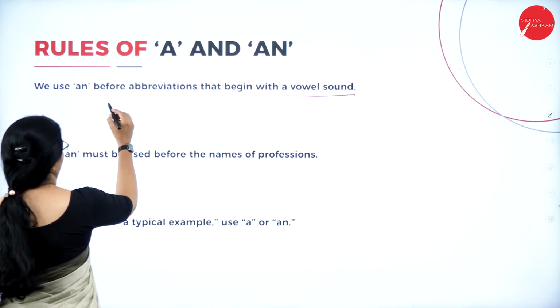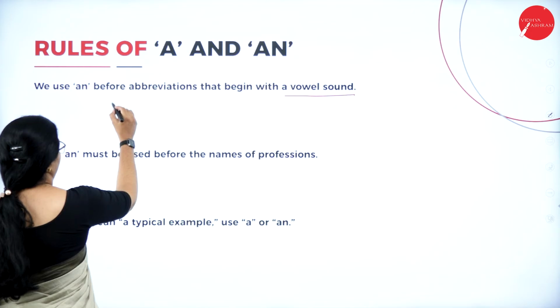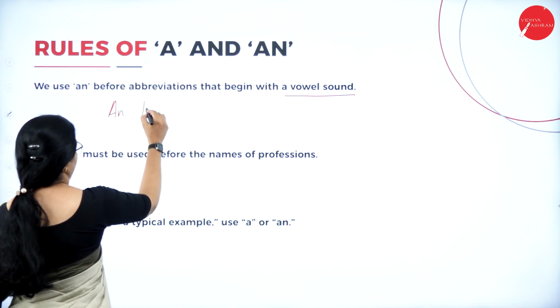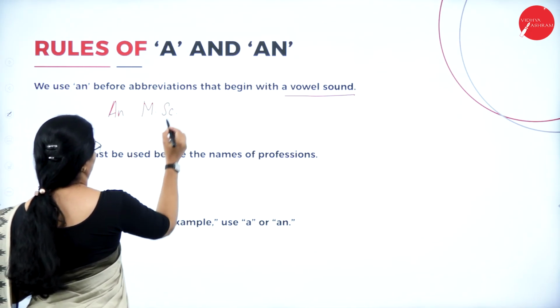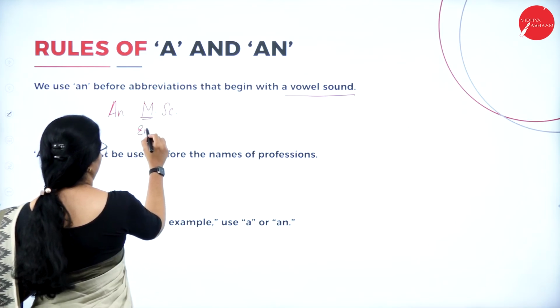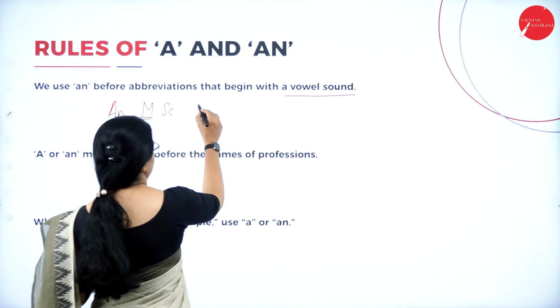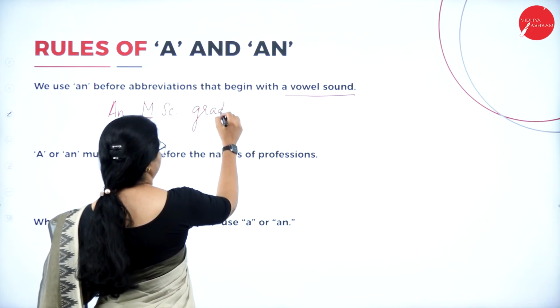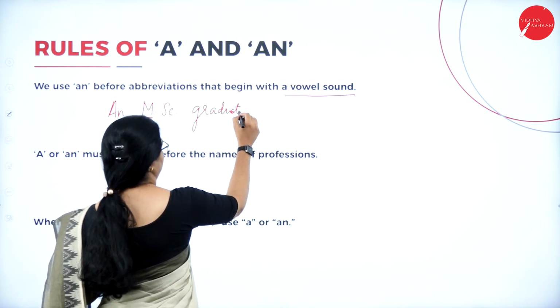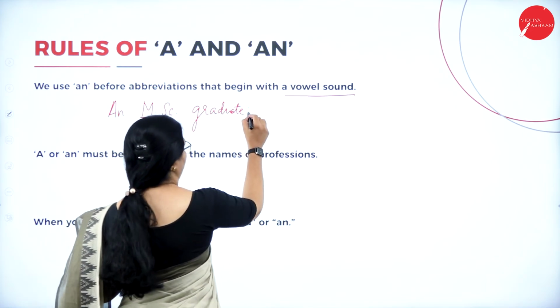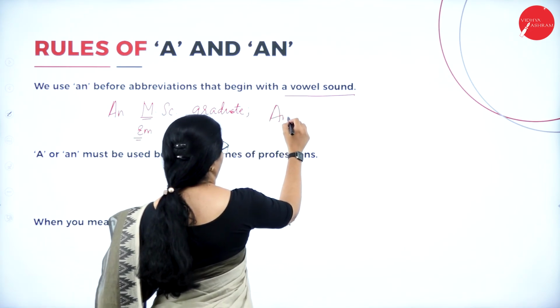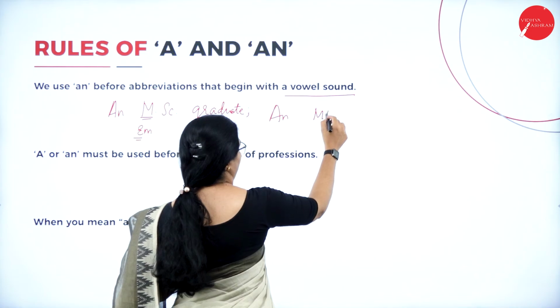As I told you, you want to say an MSc graduate. It starts with M, isn't it? This is a vowel sound. Let me write the sentence fully. Or if we want to say an MA you use.